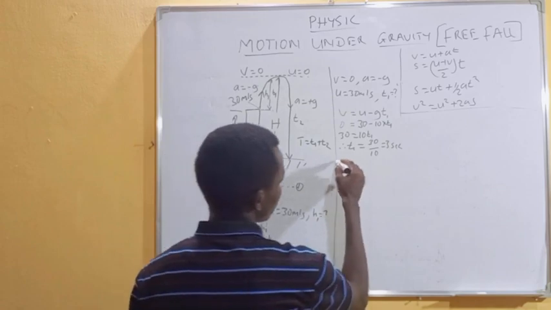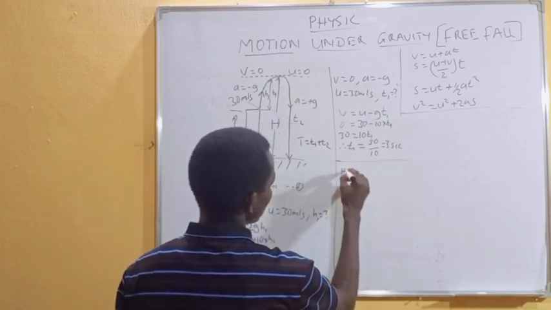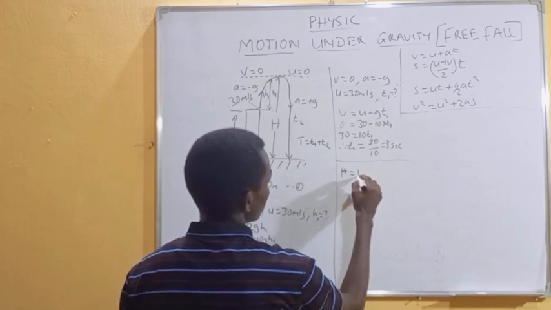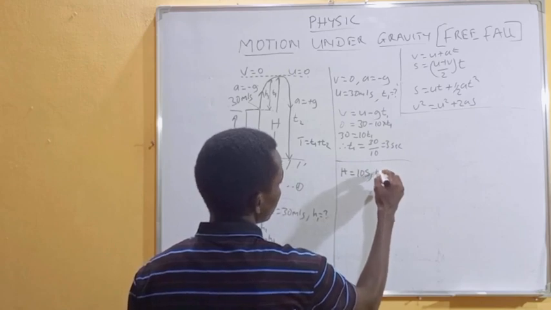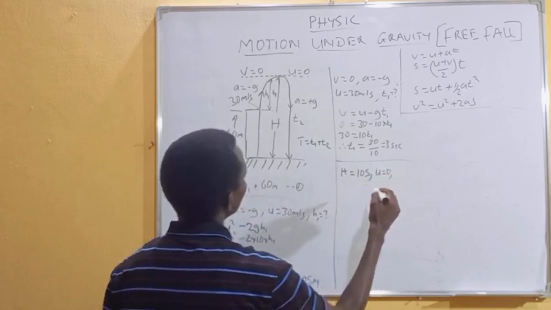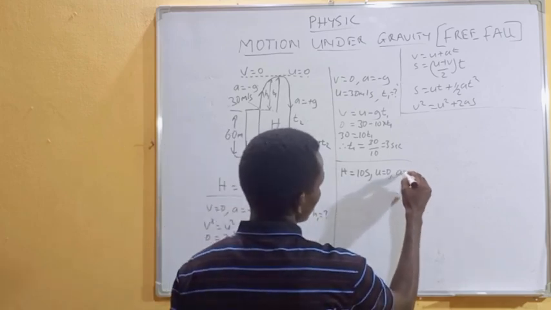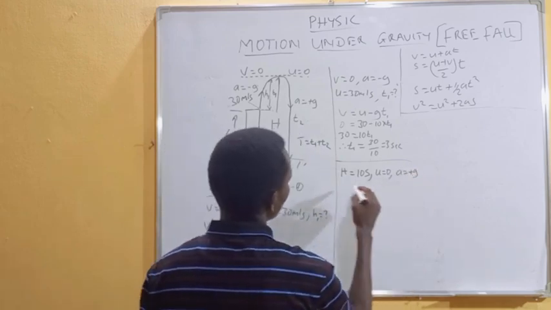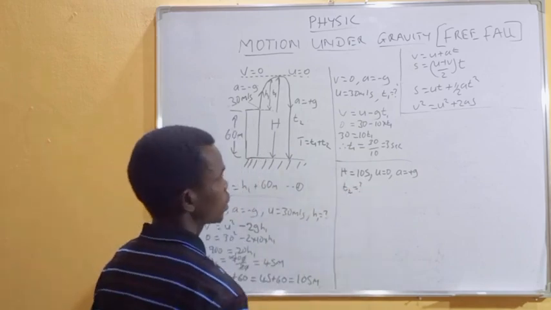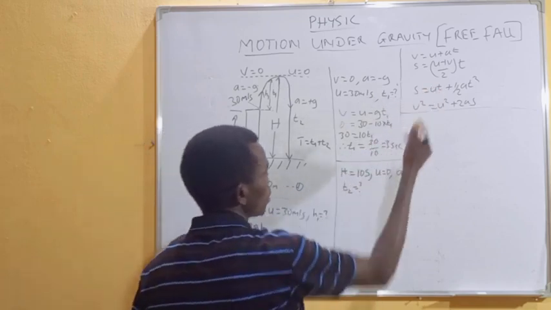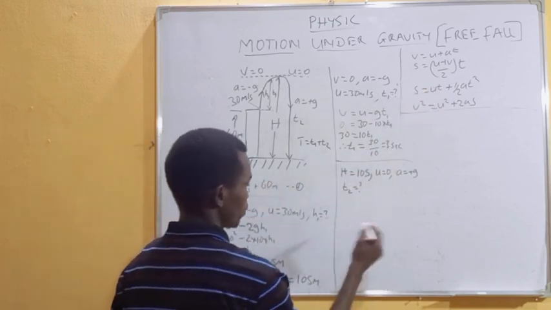Let's say we have height which is equal to 105. We have u which is equal to 0. We have a which is equal to plus g. And T2 is what we are looking for. From here now, we can use equation 3 to find our T2.